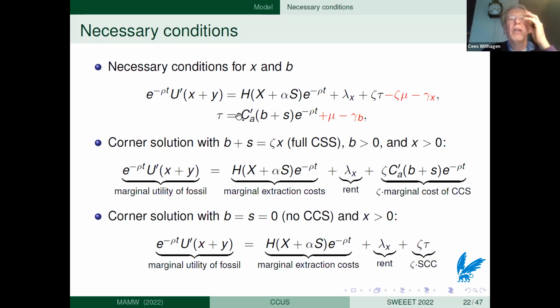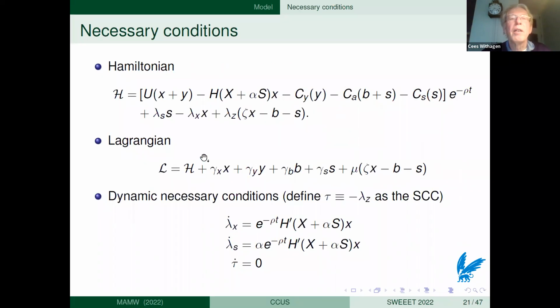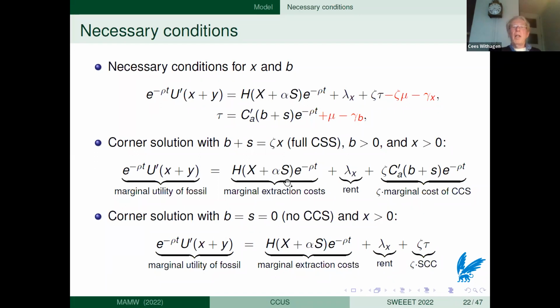Okay, so you see here that the social cost of carbon is just equal to the marginal abatement cost, apart from this mu, which is in fact the willingness to pay for a relaxation of the condition that you see here, that the total amount of CO2 cannot be decreased. Okay, so these other conditions hopefully can be explained in a similar way as this one, but given the time, I have to move on.